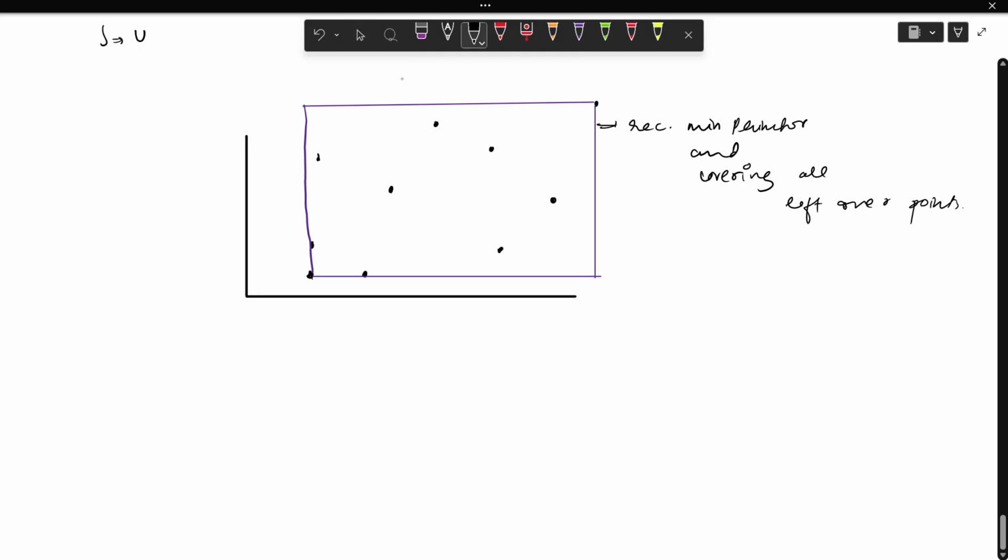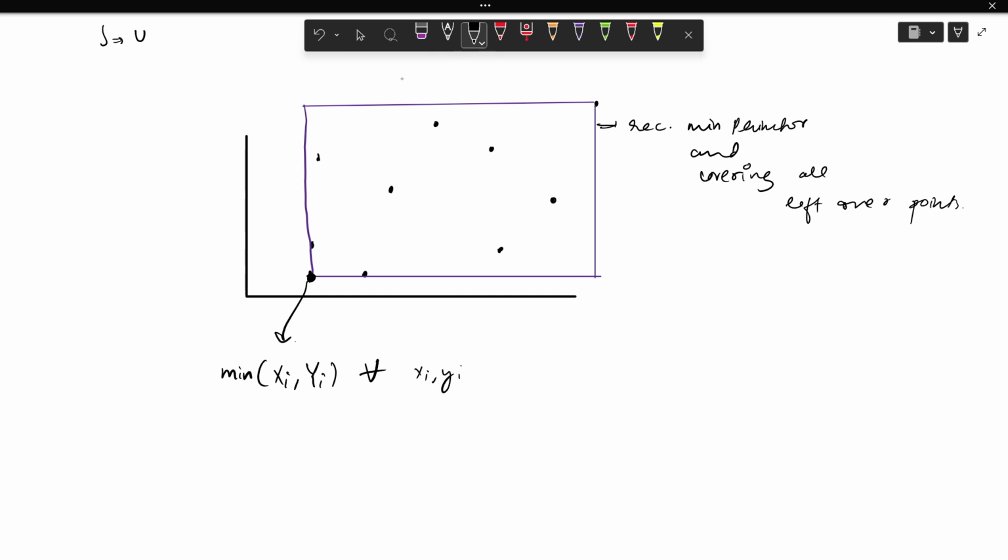If we take this point, what is it? This point is basically the minimum xi and yi for all (xi, yi) that belong to the remaining set.